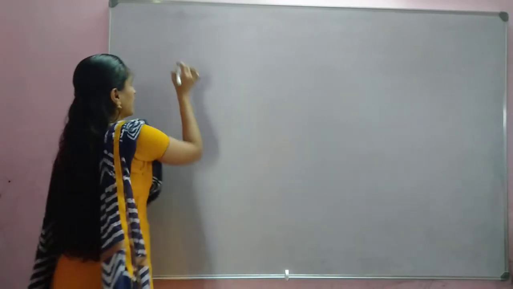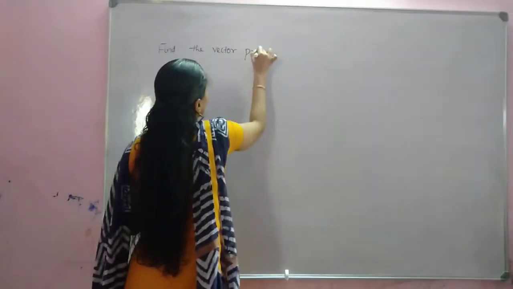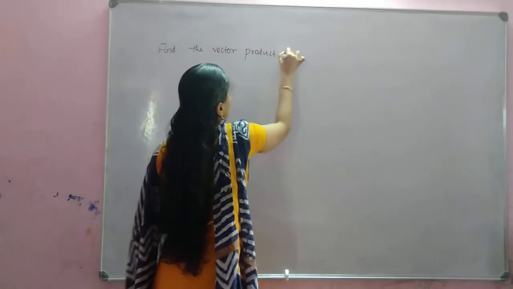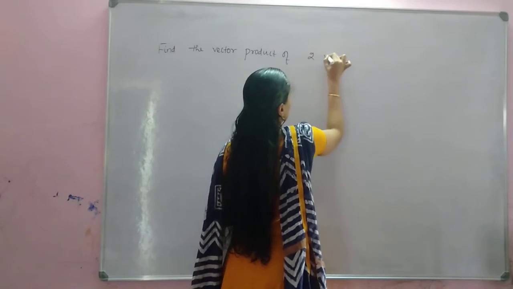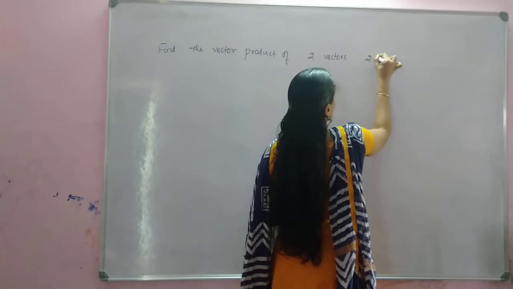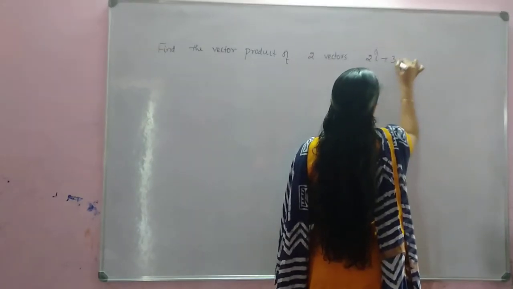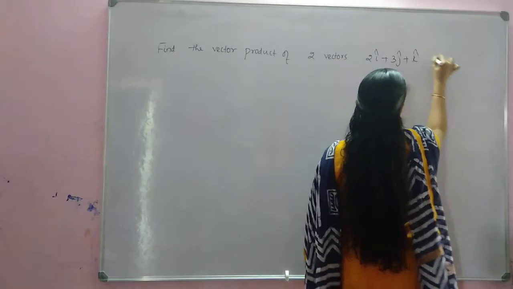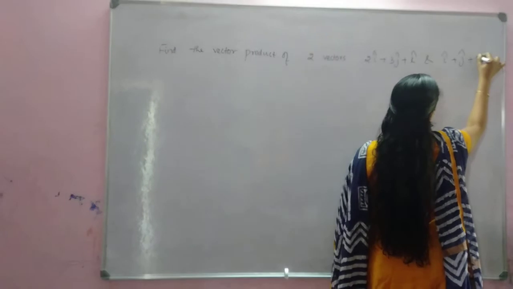So we can find the vector product of two vectors, 2i plus 3j plus k and i plus j plus 5k.